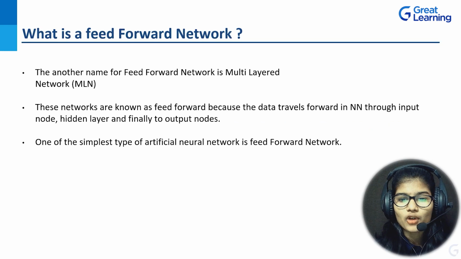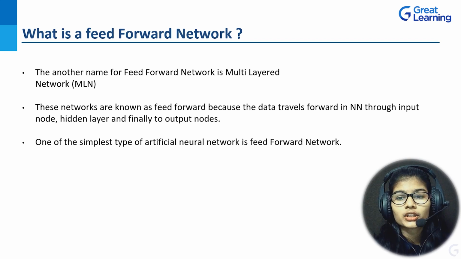Now, what is a feed-forward network? First of all, another name for the feed-forward network is a multi-layered network. These networks are known as feed-forward because the data travels forward in the neural network through the input nodes, then goes to the hidden layer, and finally travels to the output nodes.